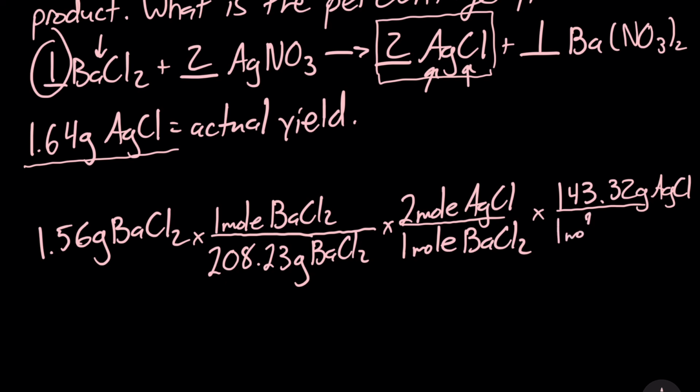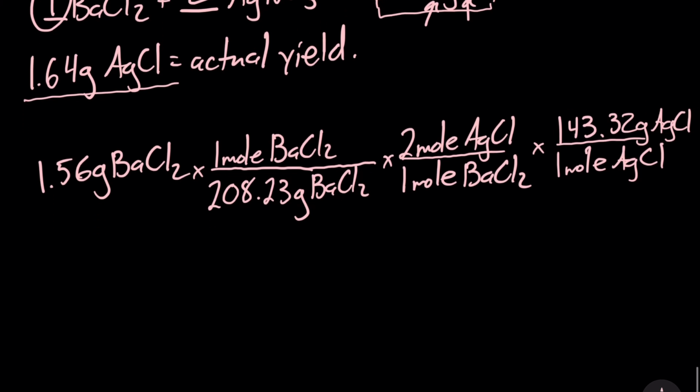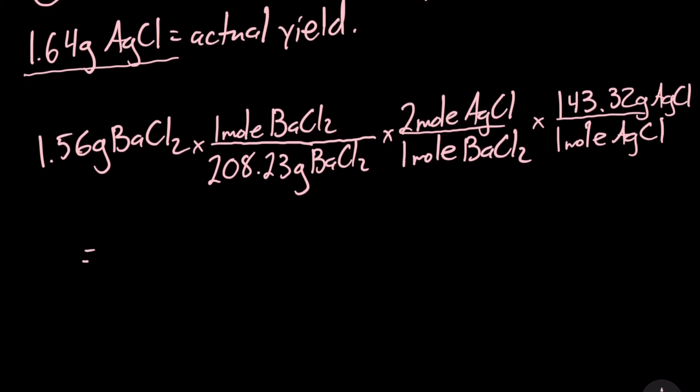And that is over 1 mole of AgCl. So if you type that all into your calculator, folks, you should get something like 2.147 grams of AgCl, so 2.15 grams of AgCl.